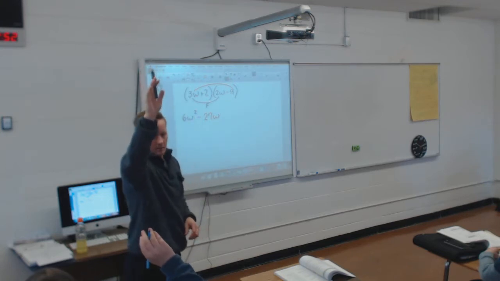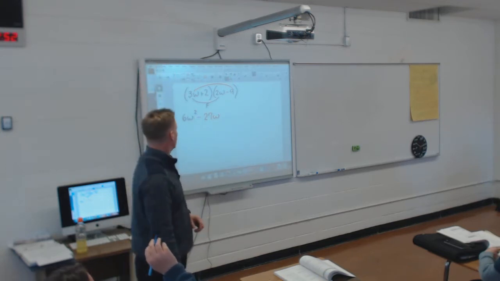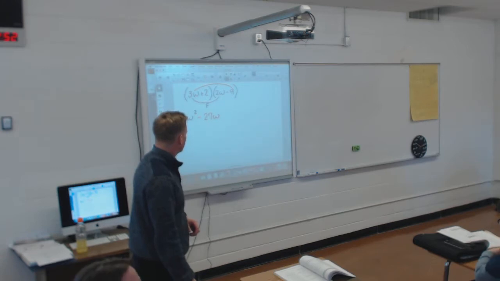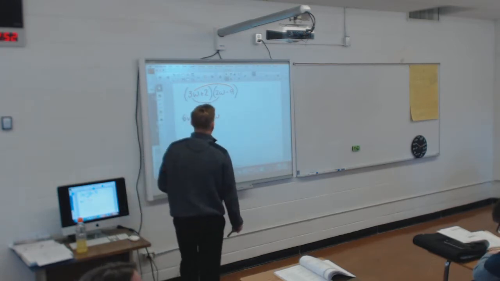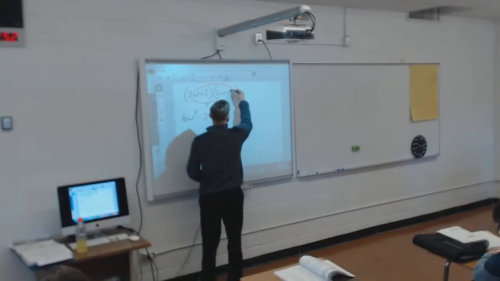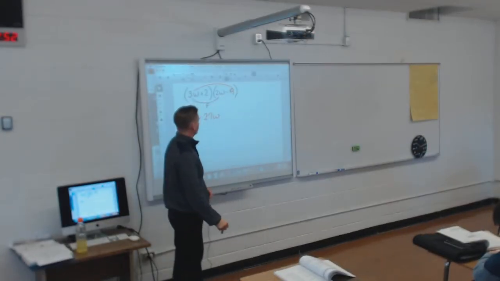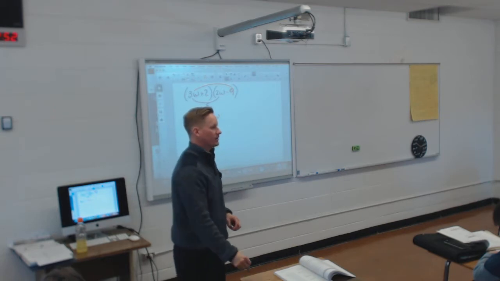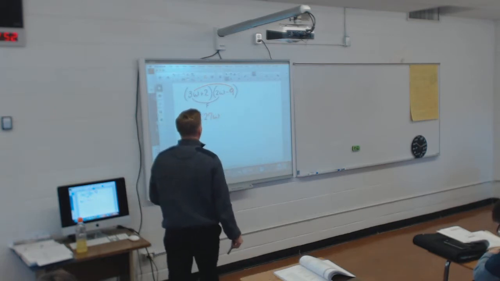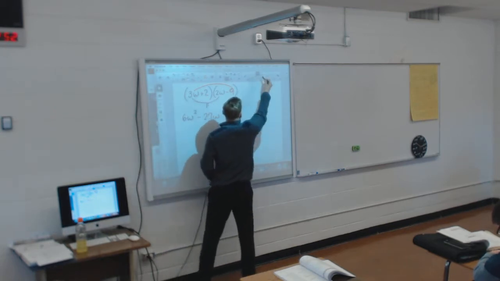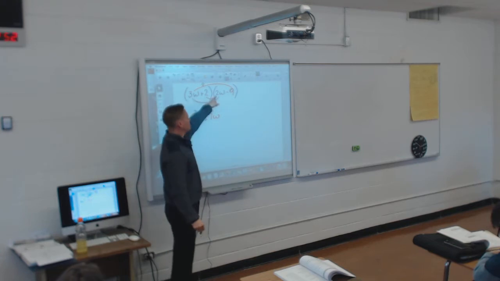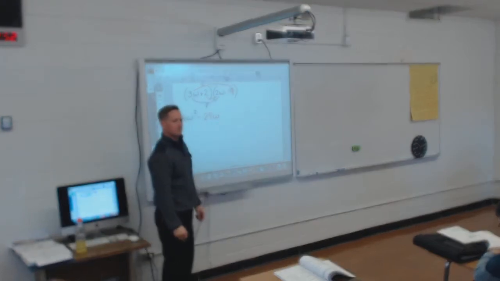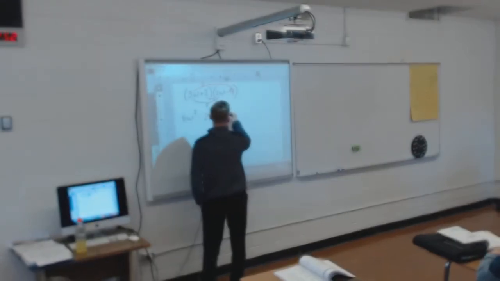How many of us got that? Okay, so that's a 9. That's a 9. Sorry, that's my penmanship. Okay, so now I need the inside. The inside are those two right there, right? So what's 2 times 2W? 4W.